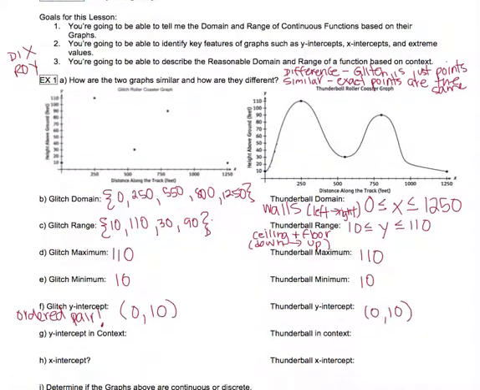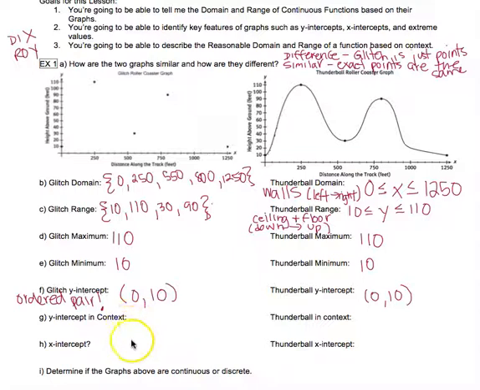Now, interpreting it in context means, what does that mean? Well, this y-intercept, when I interpret it in context, I just put basically the labels.